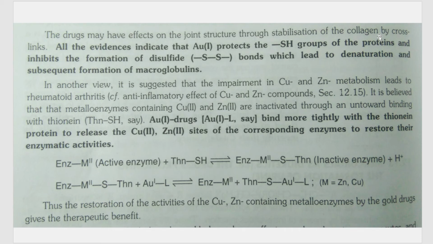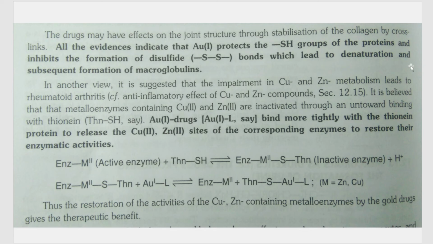This drug goes directly towards the collagen site and stabilizes the collagen by cross links. The evidence also indicates that the gold drug protects the SH groups of this protein and inhibits the formation of disulfide bonds. If there is disulfide bond formation in the protein, what happens?